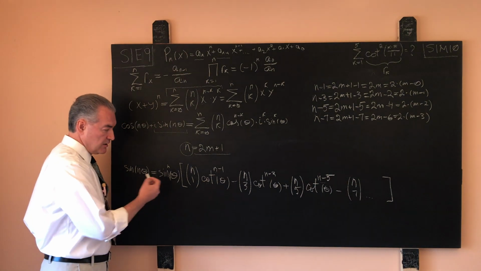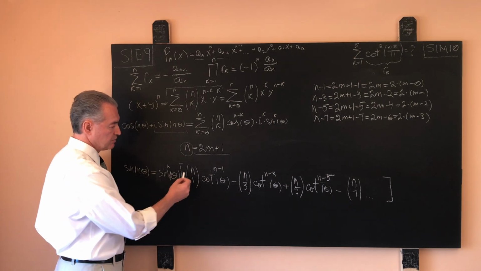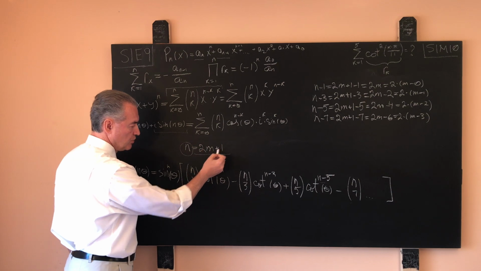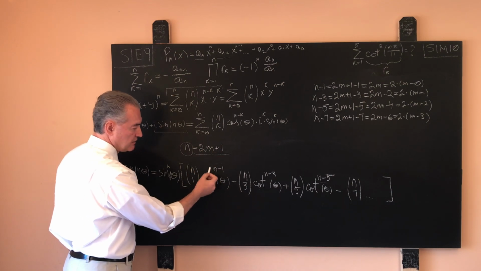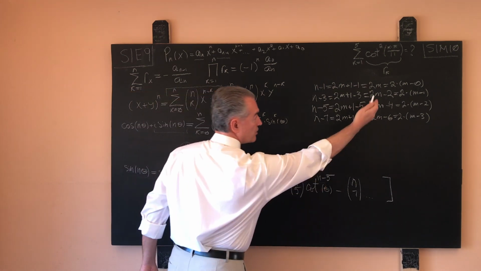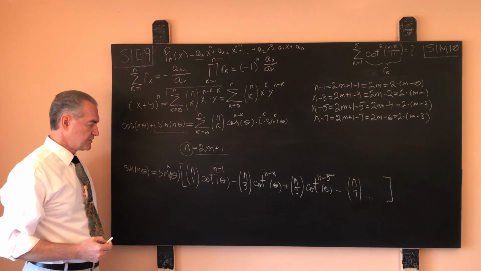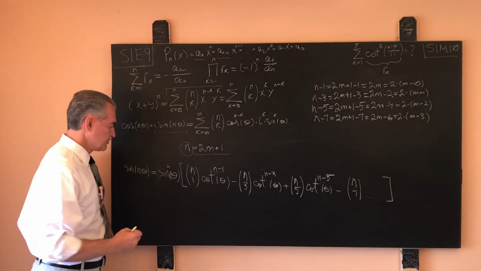Well, it is easy to answer that question because all we have to do here is replace n with 2m minus 1 and our powers of the trigonometric function of cotangent with their equivalents as we analyzed over here. Let us do that.